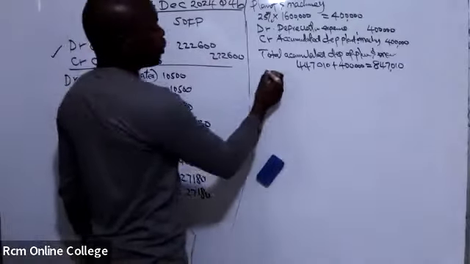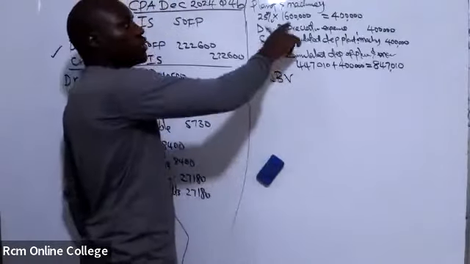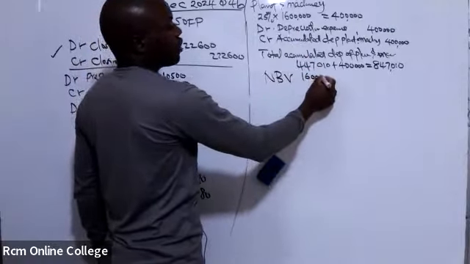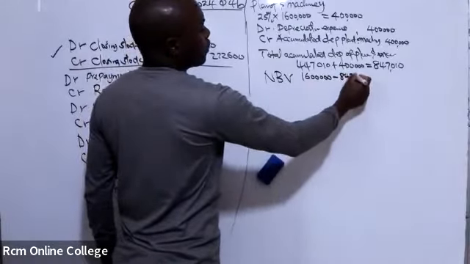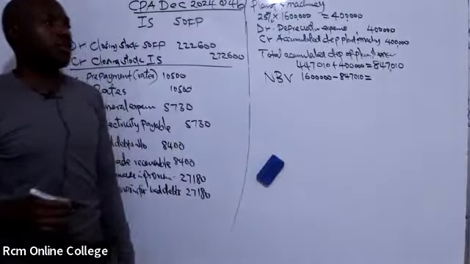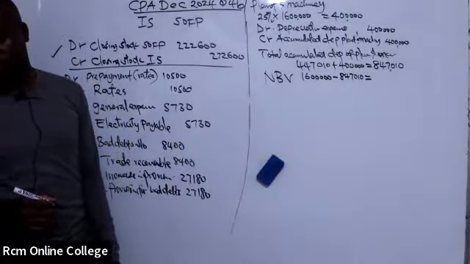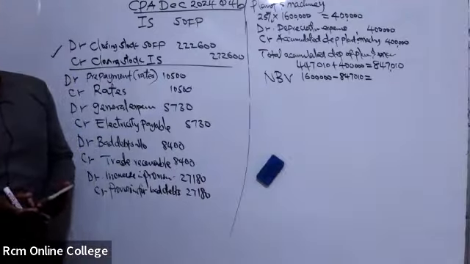Now, how do we get the net book value of this plant and machinery? Net book value is the cost of plant and machinery, since none were purchased during the year, minus 847,010. 1,600,000 minus 847,010.